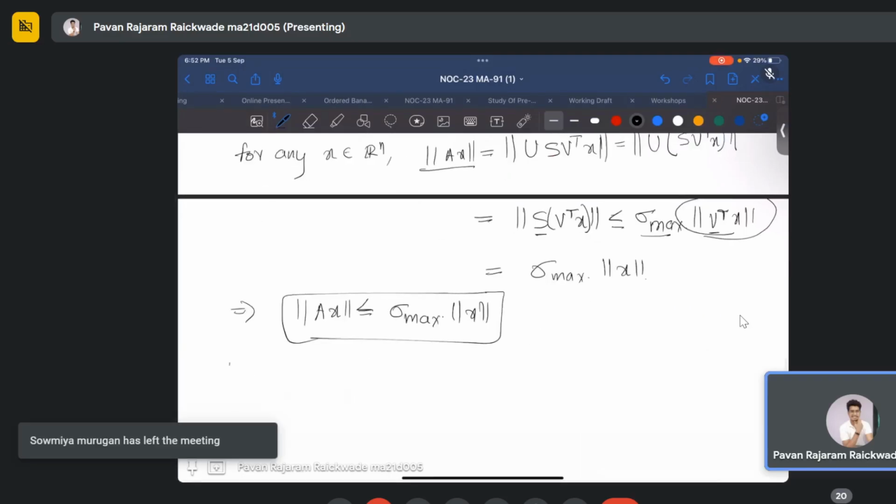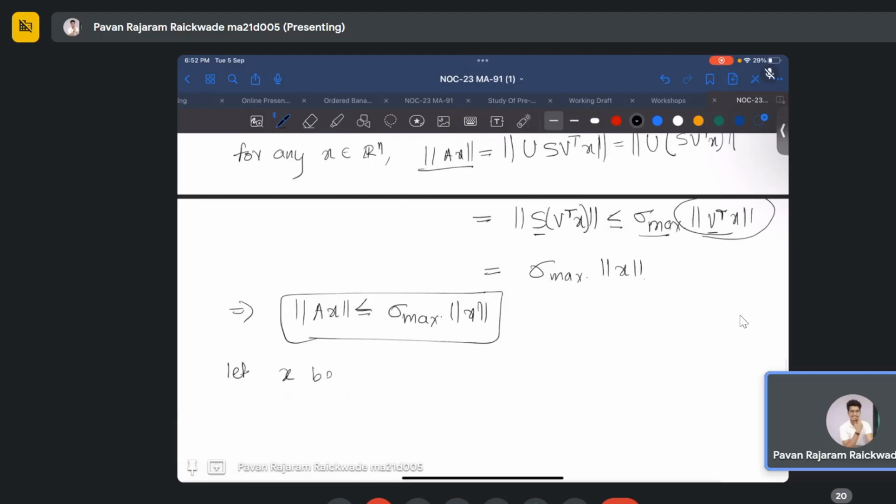Now suppose, let's say, lambda is an eigenvalue, then for some x, of course x is an eigenvector, Ax equals lambda x, right? Which implies, what is norm Ax? Mod lambda times norm x.